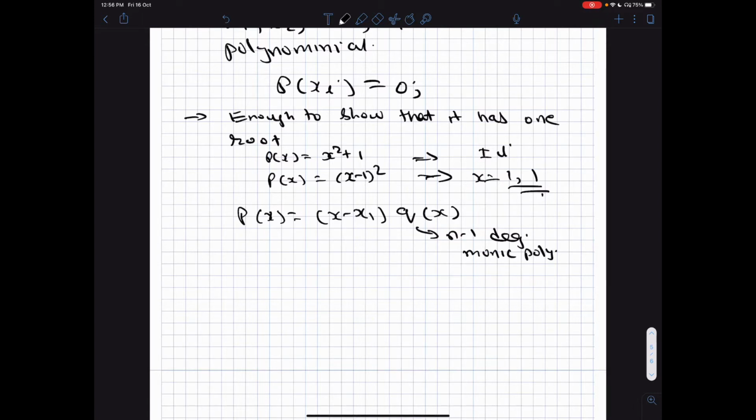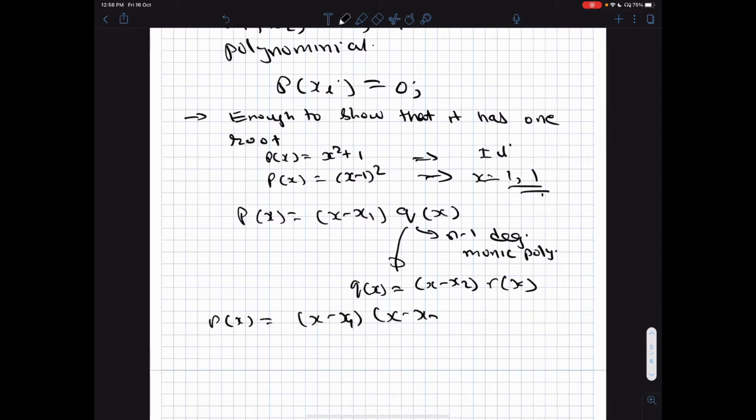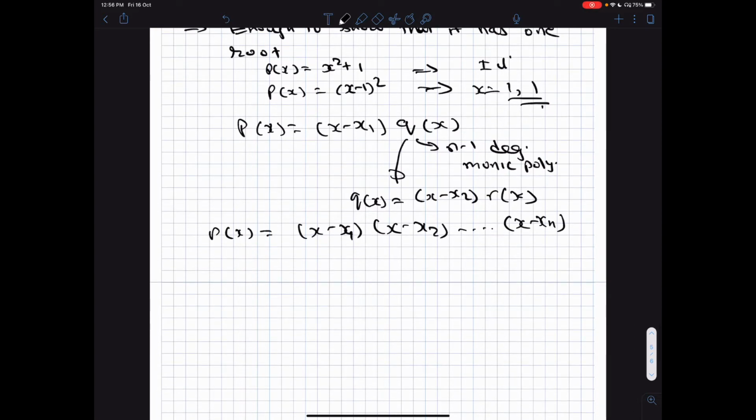Then again, by application of this same theorem, if you have proved that it has one root, you can write this as (x minus x2) into the next polynomial, and so on. So basically you will be able to expand this as (x minus x1) into (x minus x2) and so on. Finally you reach the nth root, and then there is no further root to be found after n steps, and you would have solved your problem.